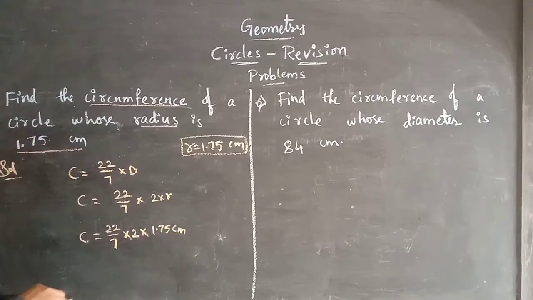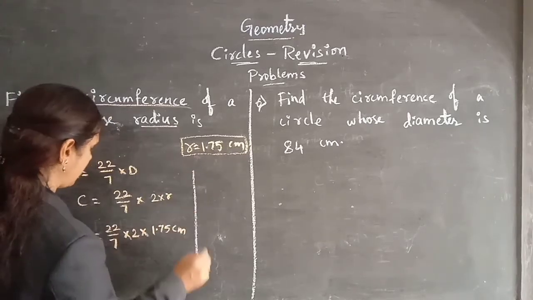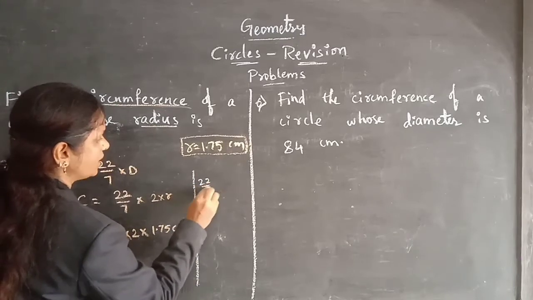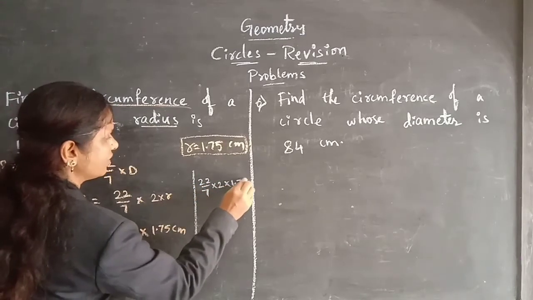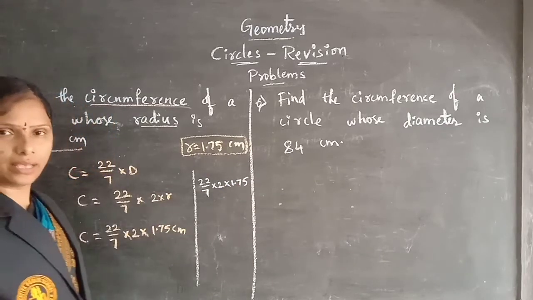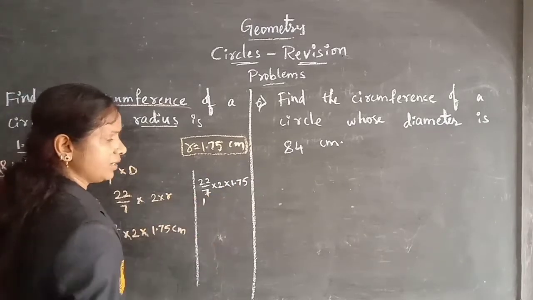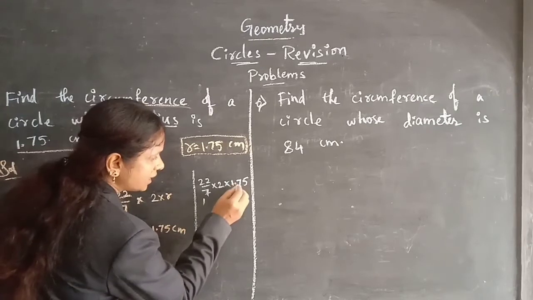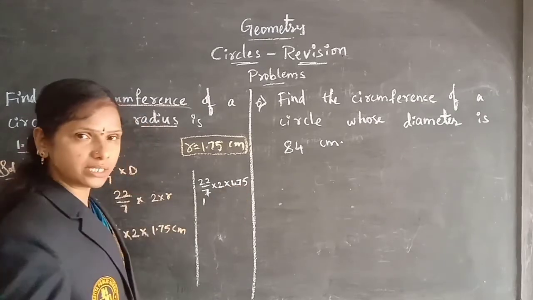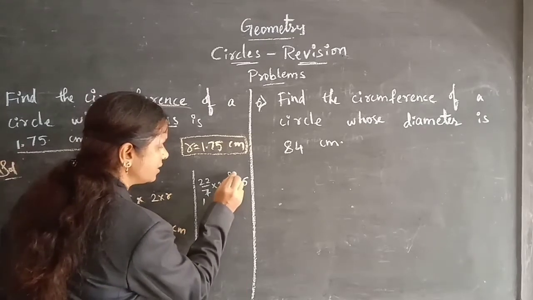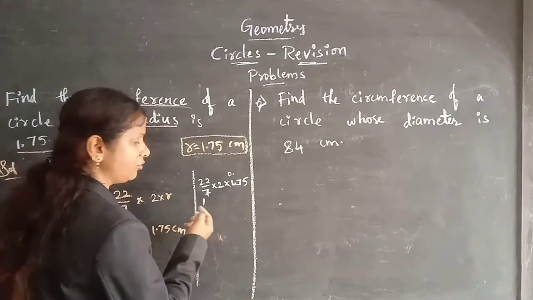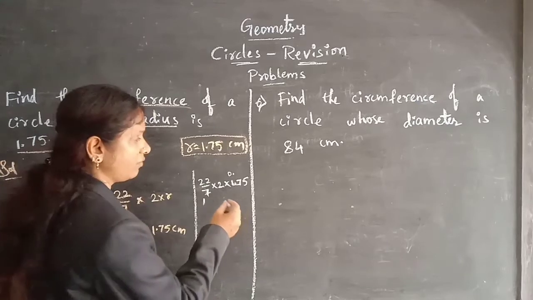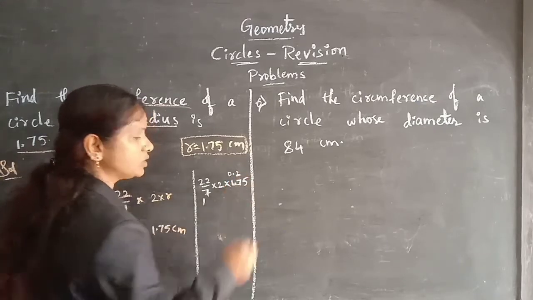So we can calculate this in the rough column. Here I am calculating, children: 22 by 7 into 2 into 1.75. I can cancel with the 7 table. 7 ones are 7. Here two digits at a time I can cancel, but a decimal number is there, my children. So I take this as 0, and 17 won't come in the 7 table, so the smaller one is 2 times. 7 twos are 14.